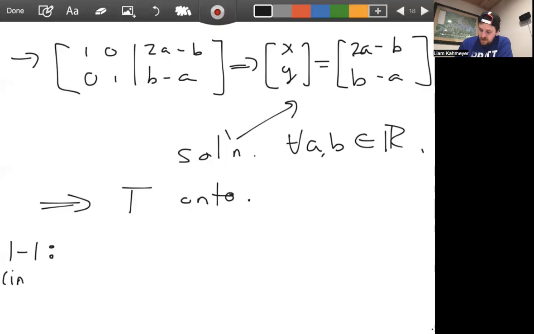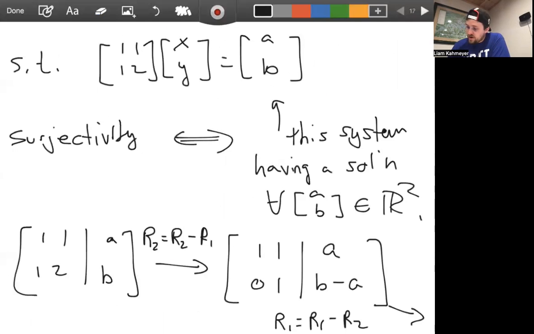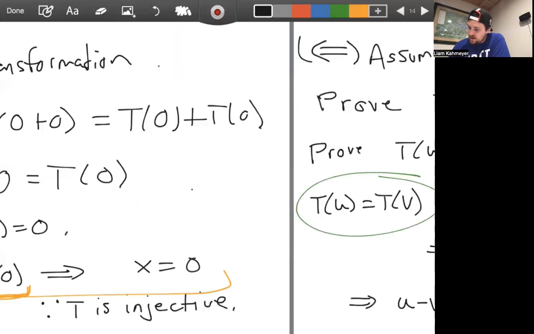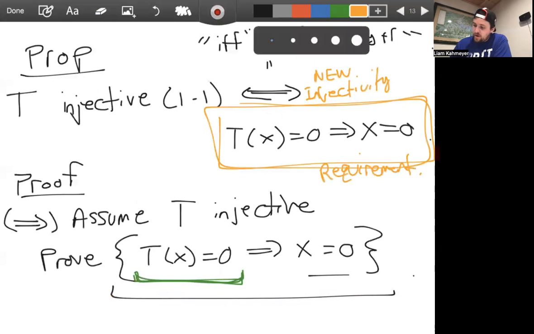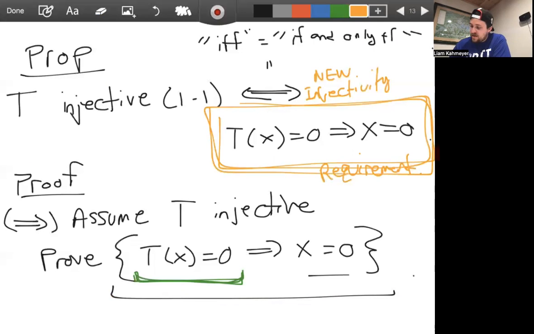or injectivity. So what do we need to show injectivity? Well, let's use this new criteria that we've proven here. We just need to show that if the image of a point is 0, then that point was 0 itself.